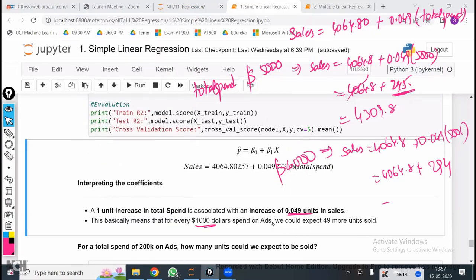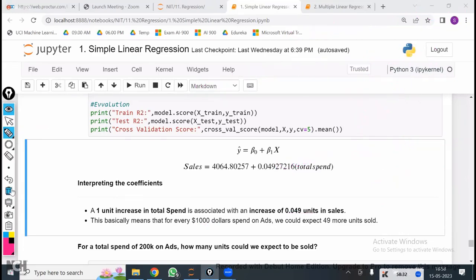For every $1,000 you increase, you'll get 49 more units, because the intercept is not going to change, whether here or here. You will observe the difference only in the coefficient value. So how are we going to interpret the coefficients? Based on this, we are going to interpret.